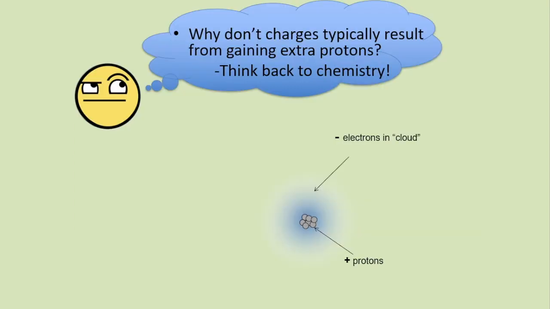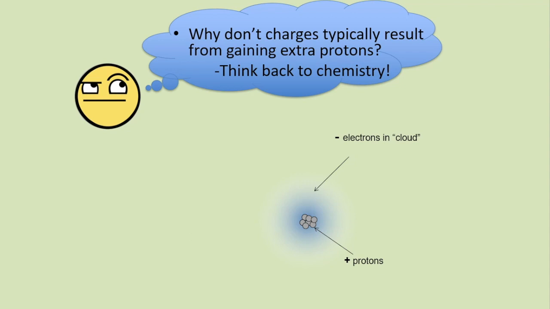Why don't charges typically result from gaining extra protons? Well, let's think back to chemistry. In chemistry, you should have learned that you have an atom, and inside that atom, there's electrons and protons, and on the outside, we have that electron cloud. And inside that cloud is where our electrons are stored.